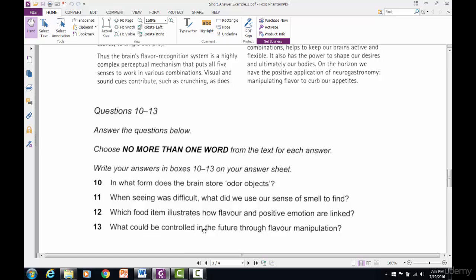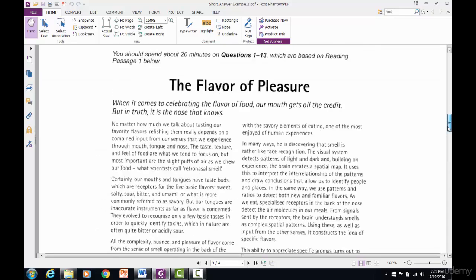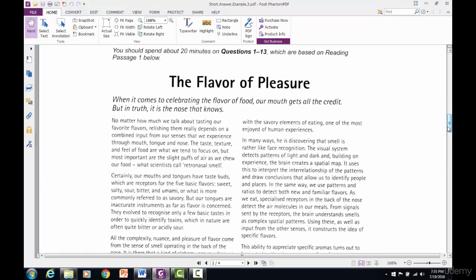Number 13: what could be controlled in the future through flavor manipulation? Keywords here are flavor manipulation. All right, so actually, we could start at number 10. Number 10 is going to be easy to find because of odor objects. So in what form does the brain store odor objects? Let's go to the beginning and start looking for odor objects.